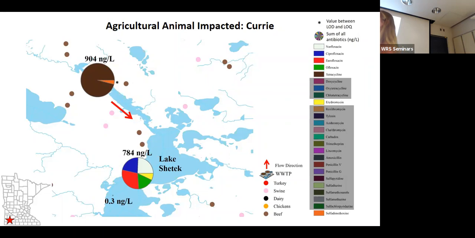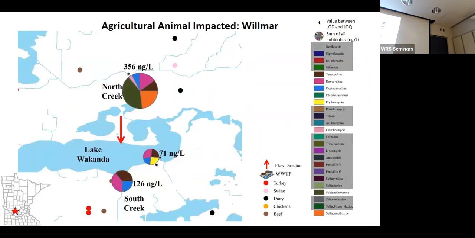Sorry. Going from there, we're going to go to Wilmer, and this has a variety of different agricultural animals around. We have turkey, we have cattle or beef, we have dairy, we have swine. So a lot of different factors around here. And we find tetracycline. It's naturally occurring, but it's also used in cattle.